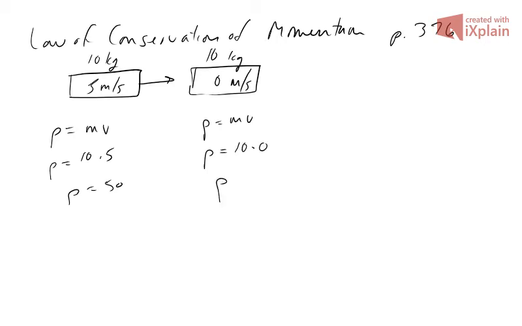So that means this one has no momentum. So overall, if you add these two together, you get a momentum of 50 kilogram times meter per second. All right, so this is the before situation.